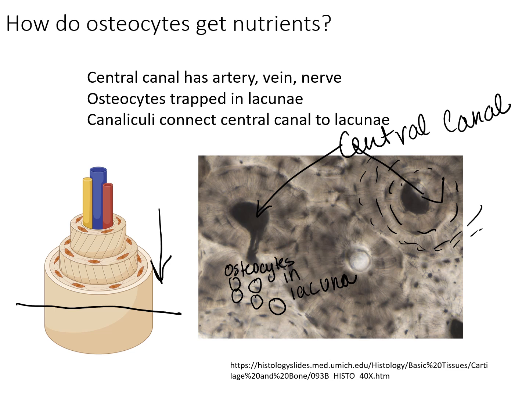In order for that to happen, there are these tiny little canals that run through each of these concentric lamella. And they look like, do you see them? They are ever so slight. They look like little spikes running through each osteon on this picture.